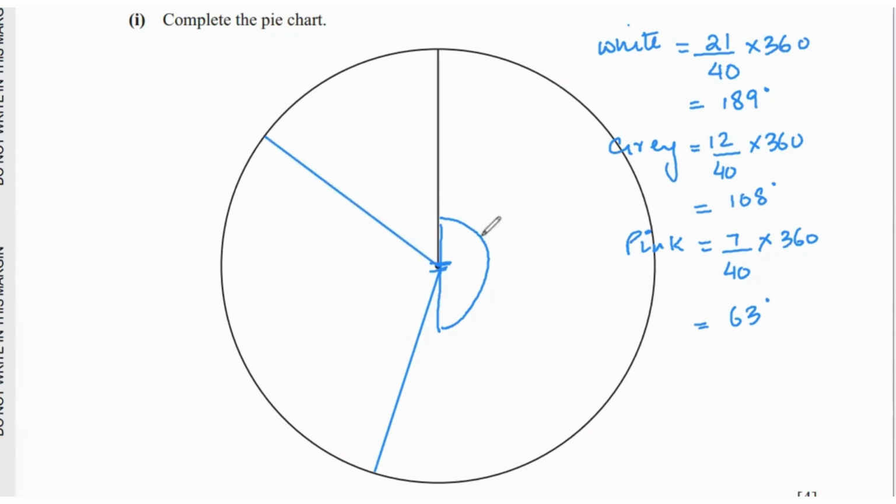Once again, this is the rough one, so please use a protractor, draw it. Don't just assume, because I know some kids assume, like I'm doing right now. But I can't draw this properly without the protractor. So once again, pink over here, gray over here, and white over here. Do label your angles. Do label the sections where it's pink, where it's gray, and where it's white.